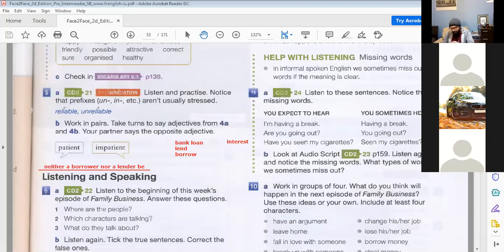Sorry? Lend is the opposite of borrow. Do you know the meaning of borrow? Borrow money? Right. And lend? Borrow means to take a loan. Lend?